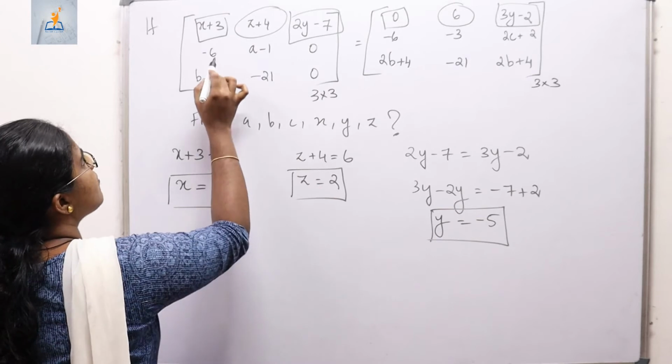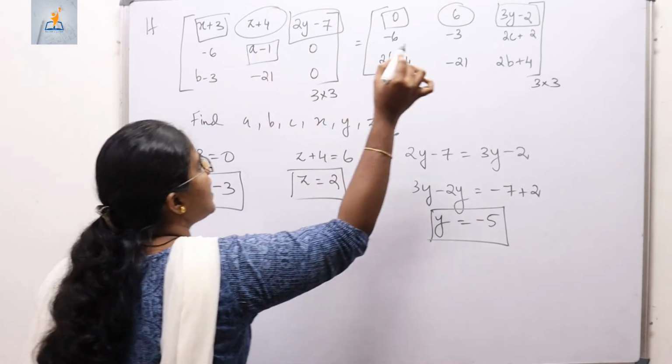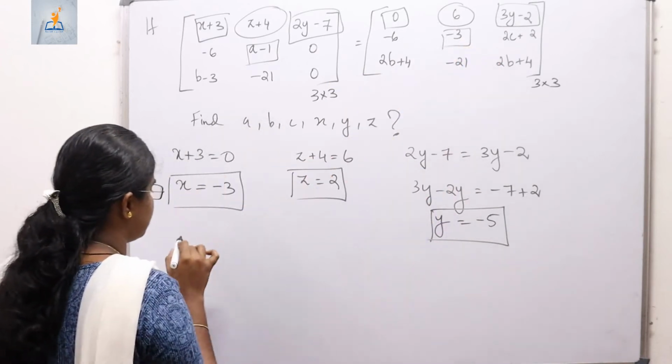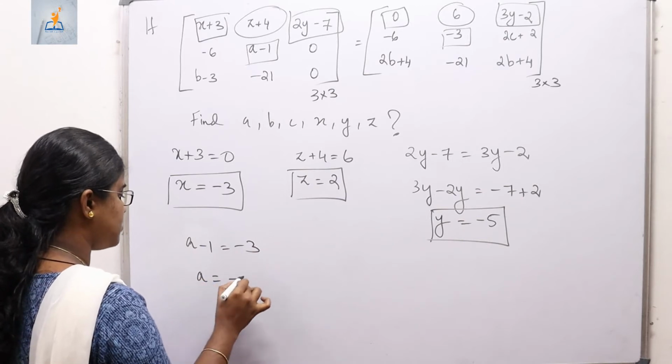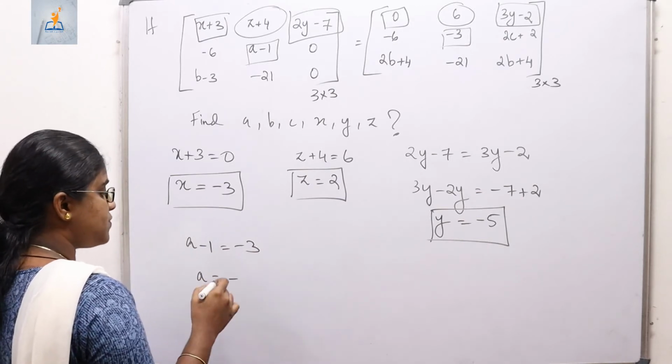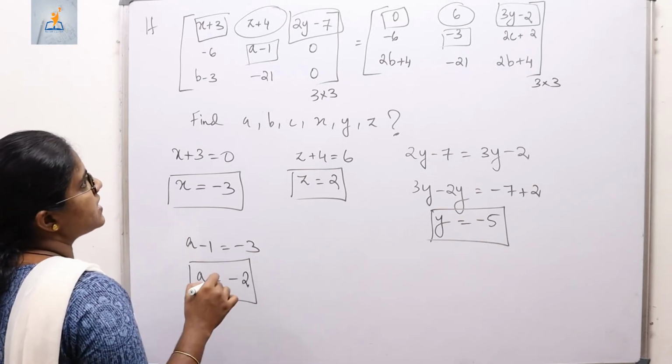So next we have minus 6 is equal to minus 6. That's okay. Again we have a minus 1 is equal to negative 3. So a is equal to negative 3 plus 1, which is negative 2. So we got a is equal to negative 2.